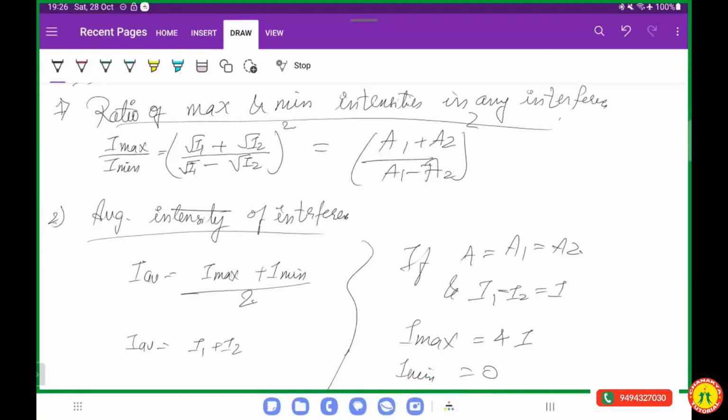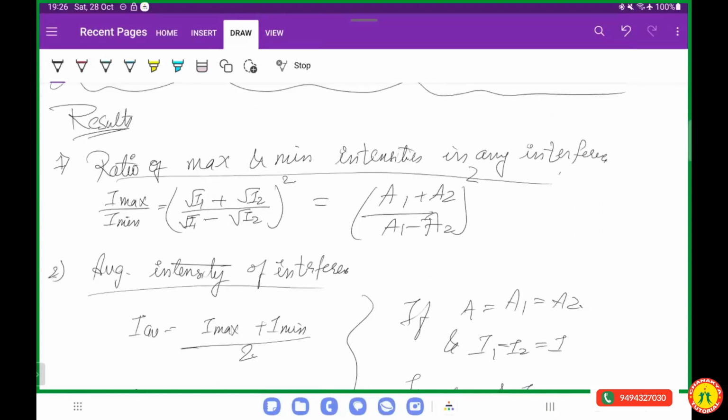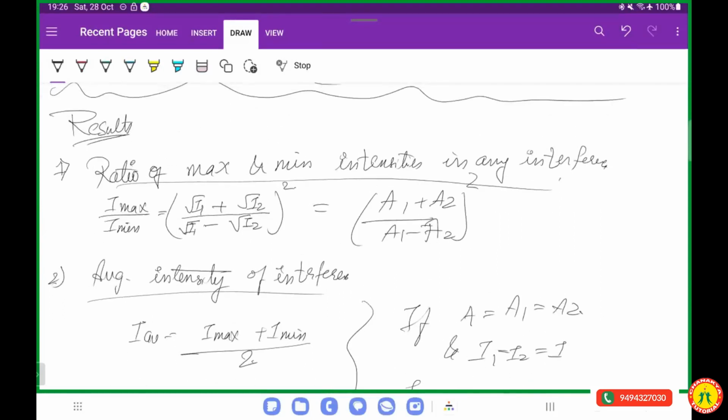Okay. So we saw here intensities and all that. Now, let me ask you, what do you mean by intensity? Can you tell me what do you mean by intensity?